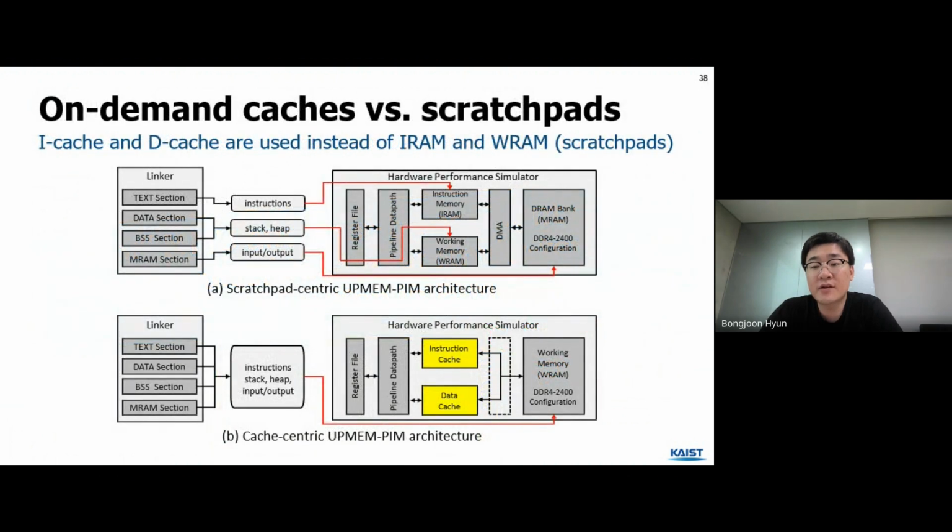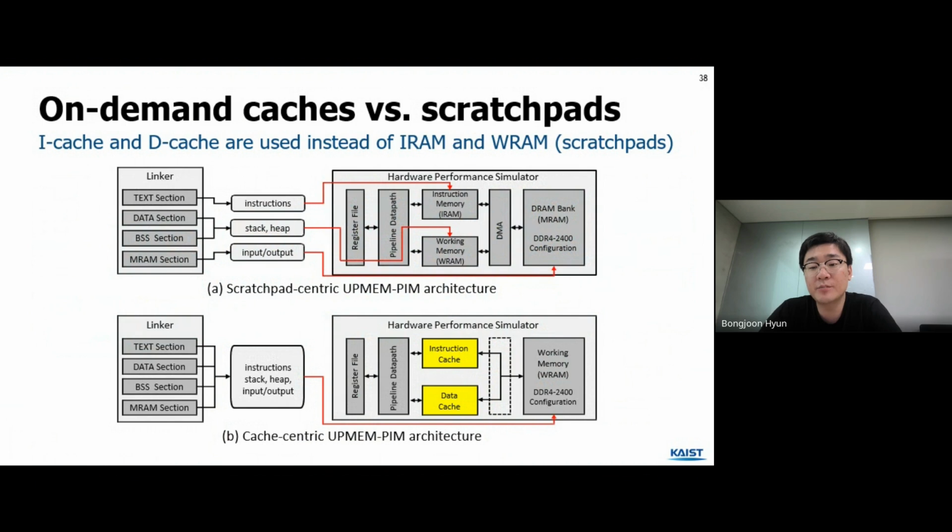Putting things together, our previous case study motivates the need for future PIM to also employ on-demand caches rather than single-handedly relying on scratchpads, to guarantee transparency to multi-tenant workloads while still providing the ability to reap data locality benefits.